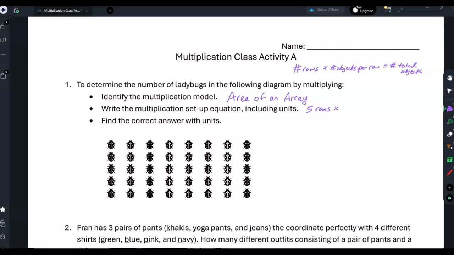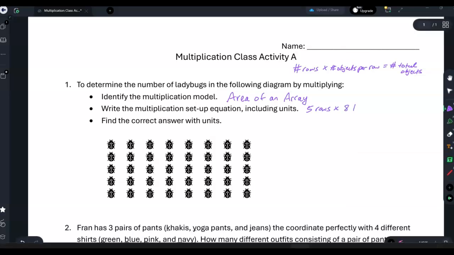And so then how many do I have in each row? 1, 2, 3, 4, 5, 6, 7, 8 in each row. So we'll say times 8 ladybugs per row. And then that should equal, we'll use a question mark because that's what we're trying to find. And in this case, we would say that this is ladybugs.